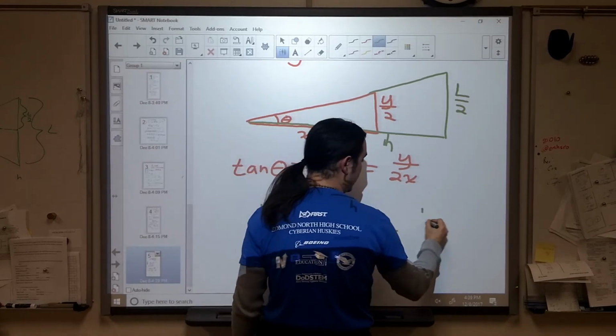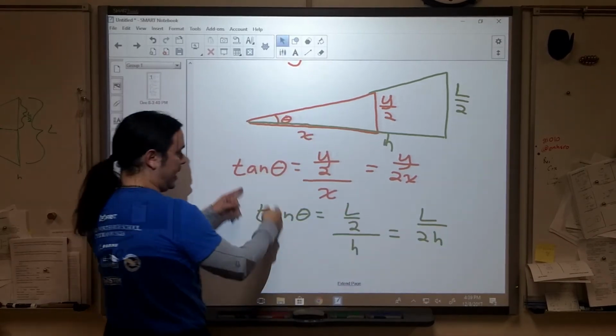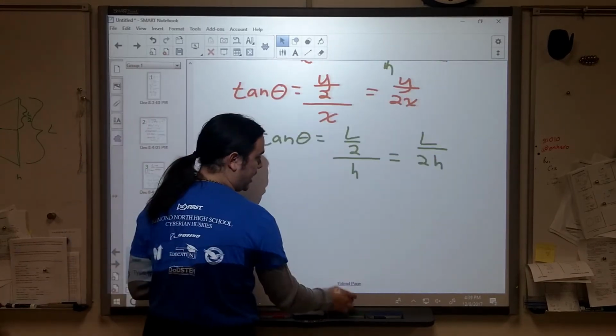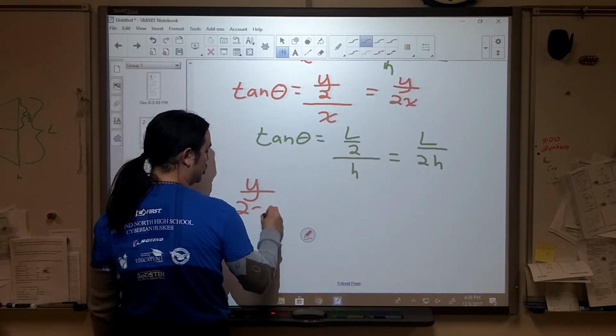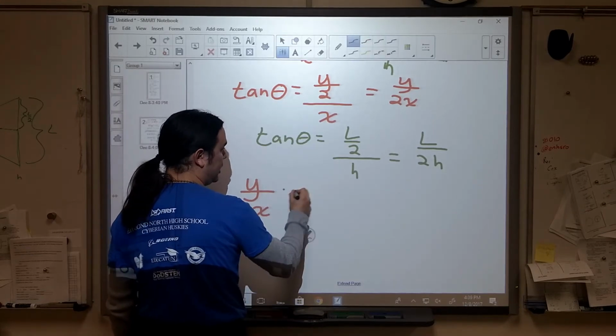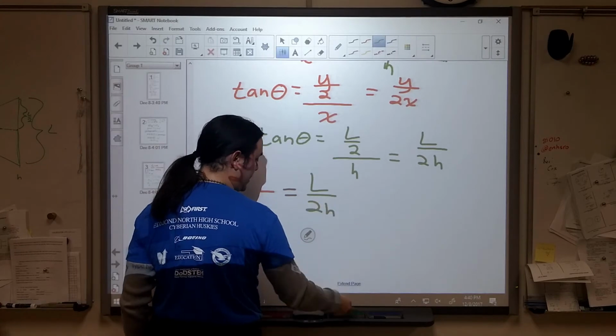We find that tan theta is also equal to L divided by 2h. And since tan theta in both cases is the same, we get the following relationship, that y over 2x is equal to L over 2h.